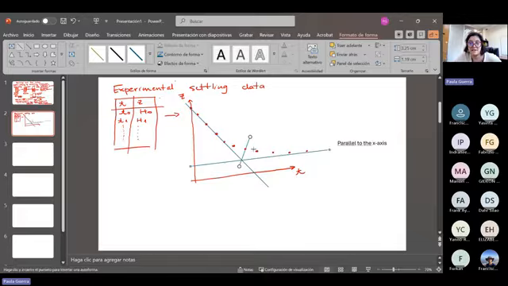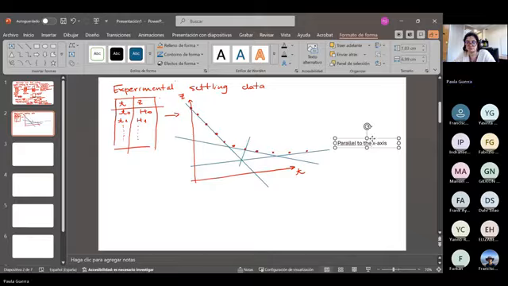Then you draw a tangent line to this. Remember that this is going to be taped. So we're going to try to draw a tangent line to that point over there. And that point, just so you know, is called the critical point.